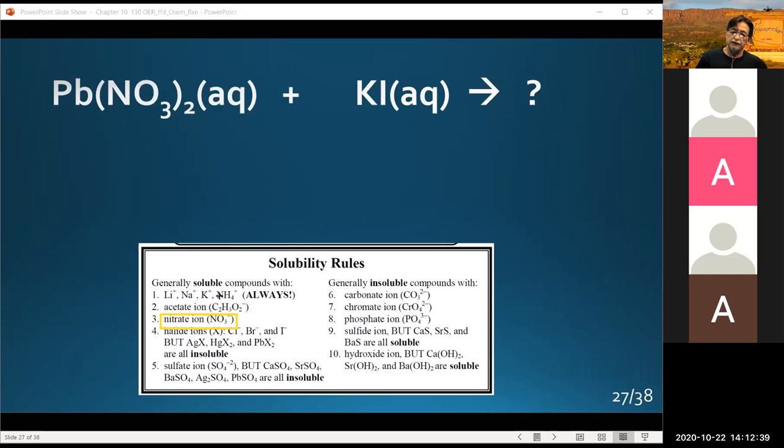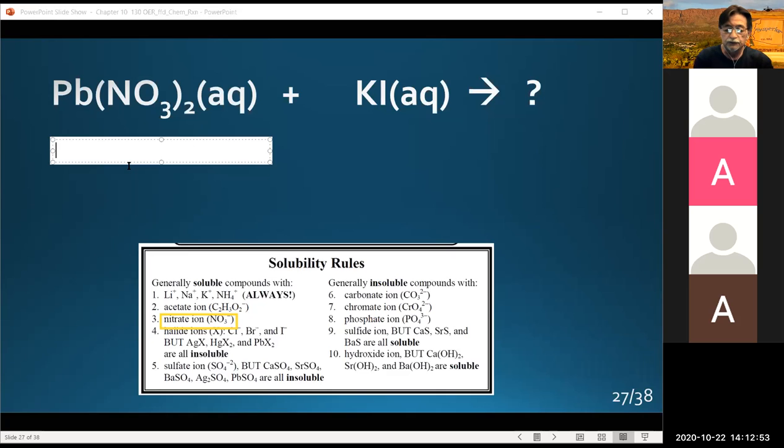So the lead reacts with the iodide. But before we do that, break it down to the ions because you want to make sure you are putting them together in the right ratios. So what is the oxidation number of lead in this state with lead nitrate? What must it be?